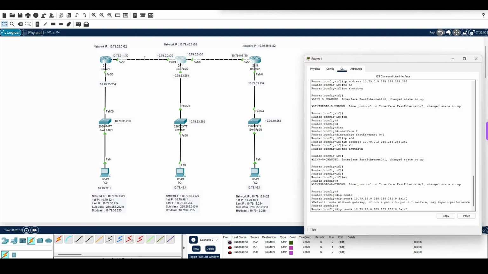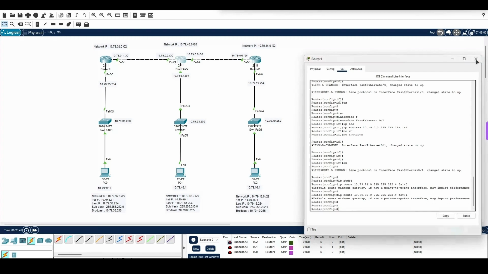We will do another command for this network. It's the same thing, but this command tells this router, if you want to go to this network, send the traffic through this interface, FA0/1.